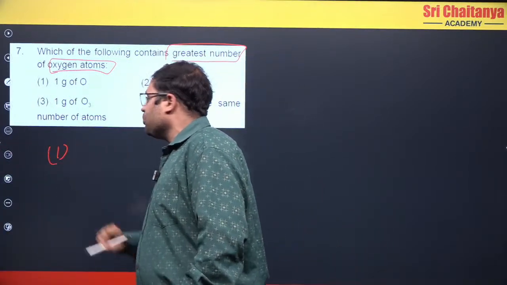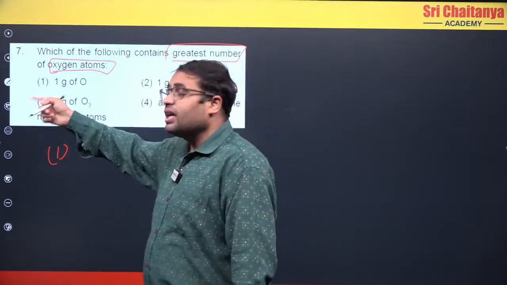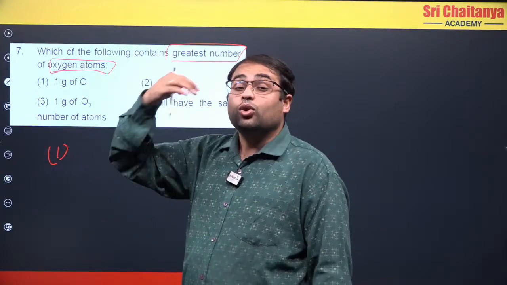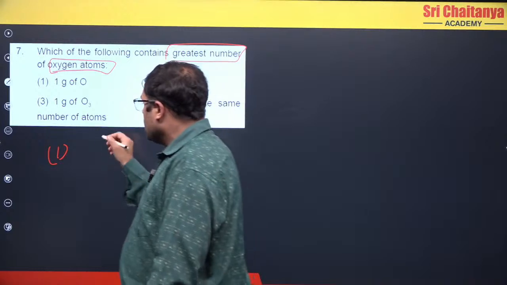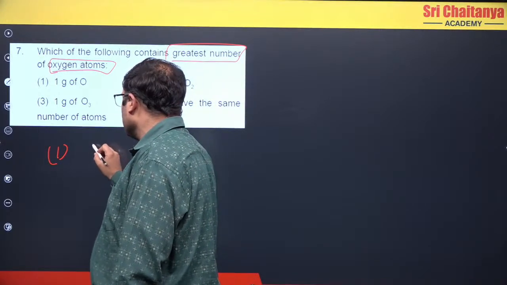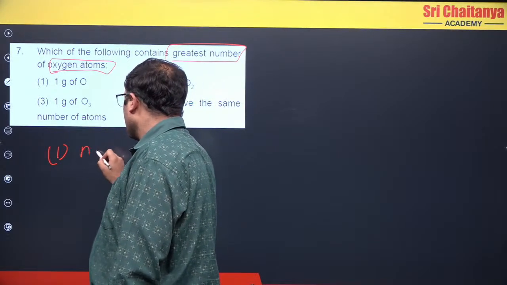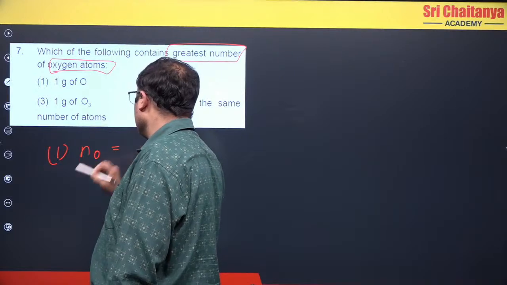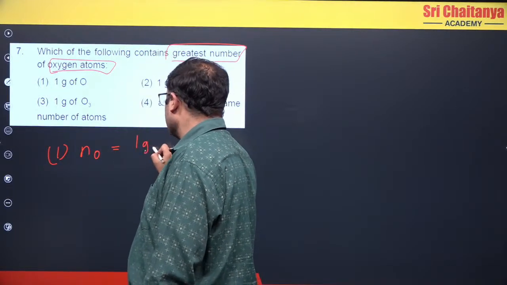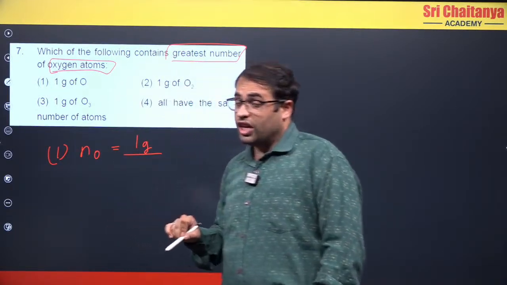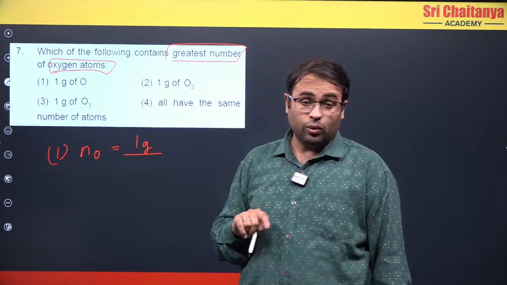So first option, how will you find the number of atoms here? Again, go to the number of moles. So for this, the number of moles of O will be 1 gram by the molar mass of oxygen, which is, oxygen atom I am talking about, 16.